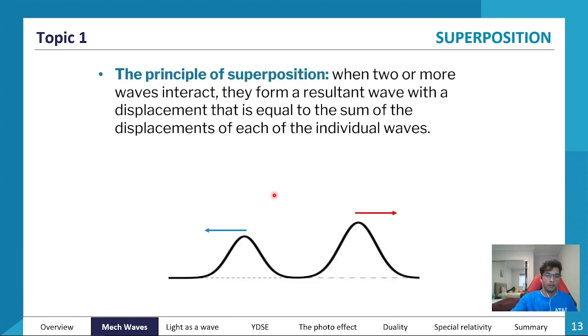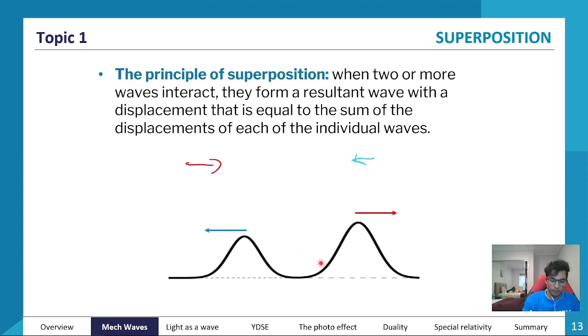So what happens is that the 2 waves, they sort of pass each other, and they just continue as they were. So if you remember that this red wave that was on the right hand side, and this blue wave that was on the left hand side, they keep traveling and then just pass each other like nothing ever happened. In a perfect scenario, the amplitudes should remain the same.